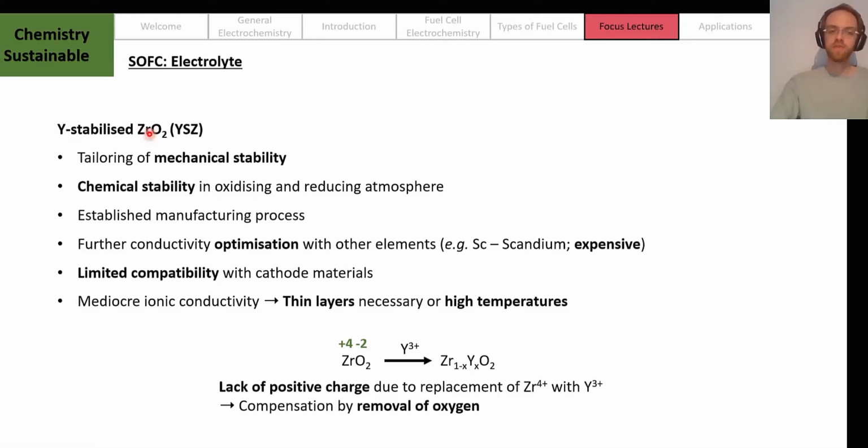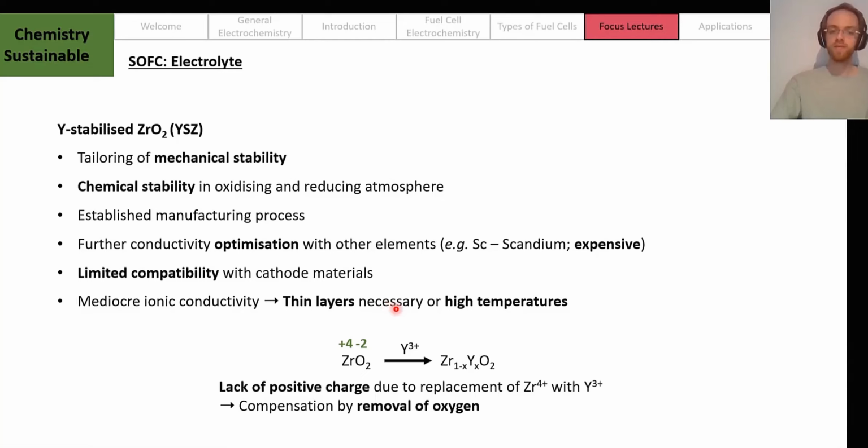One issue which arises on the engineering level is that YSZ has limited compatibility with the cathode materials, so here we notice some kind of degradation behavior. And why is that? This is why we were using scandium in the first place: we pretty much have a mediocre ionic conductivity. To obtain sufficiently high ion conductivity, we need very thin layers of the material, or we need very high temperatures, both of which are kind of a risk.